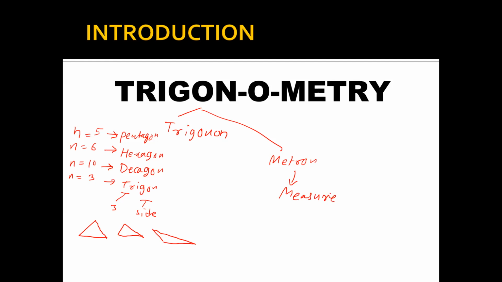So the definition of trigonometry is a science that deals with the measurement of triangles. I hope you understood the meaning of trigonometry. So trigonometry simply means the science which deals with the measurement of triangles.